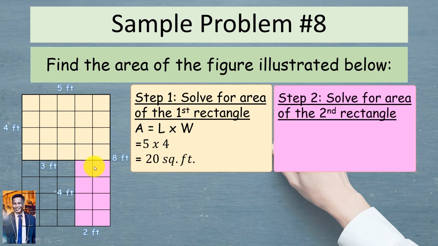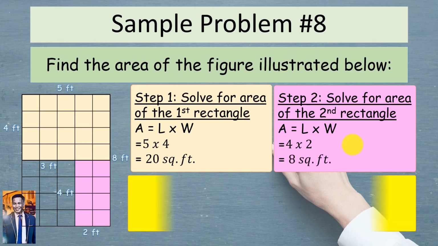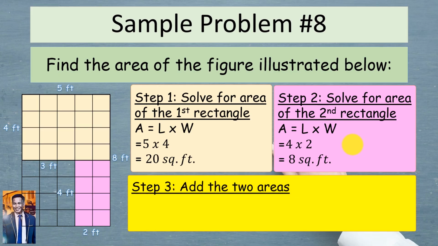The one in color pink. So that will become now, length times width pa rin, will become 4 times 2. 4 times 2 is equal to 8. And finally, we add the two areas. The first area measures 20 square feet and the second one measures 8 square feet. It will become 28 square feet.